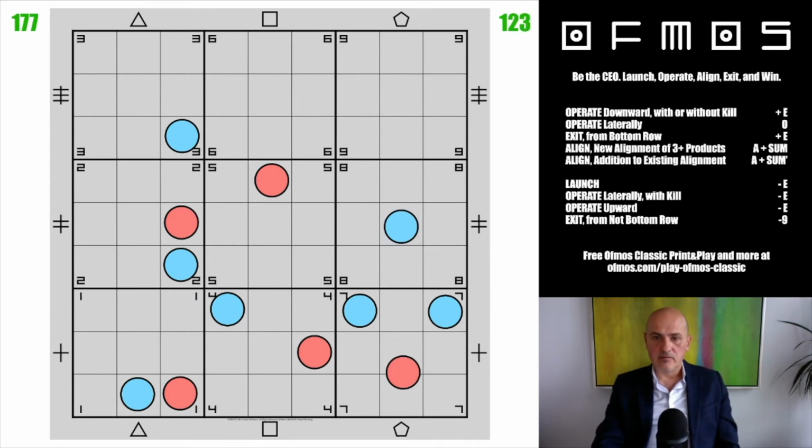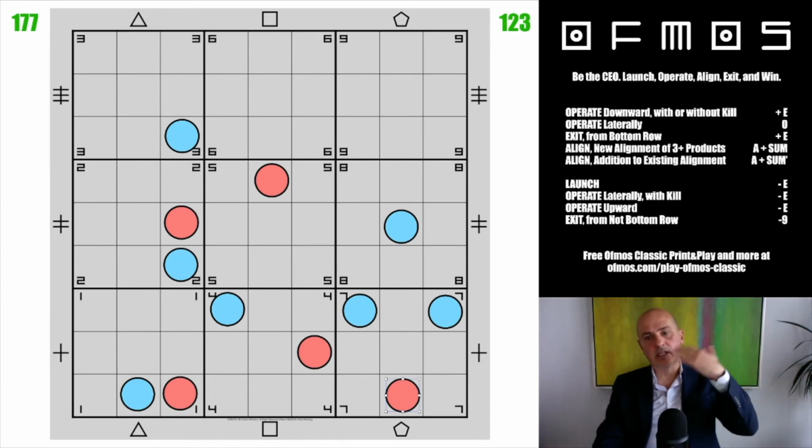Red wants to speed up the end of this game, or to try to exit with all the businesses, and you only gain money if you exit from the bottom row. If you exit from any other row, basically you have to pay 9, which is a penalty because you're missing a lot of opportunities.